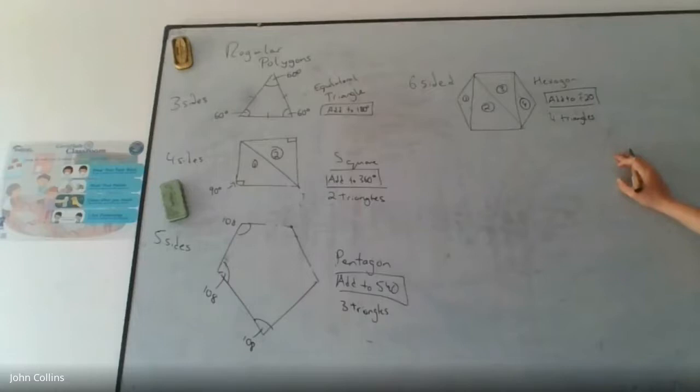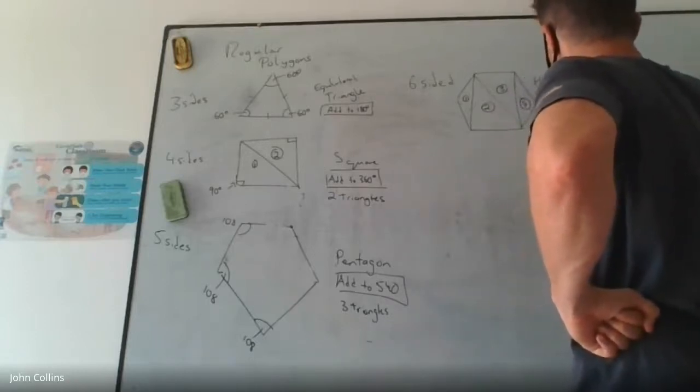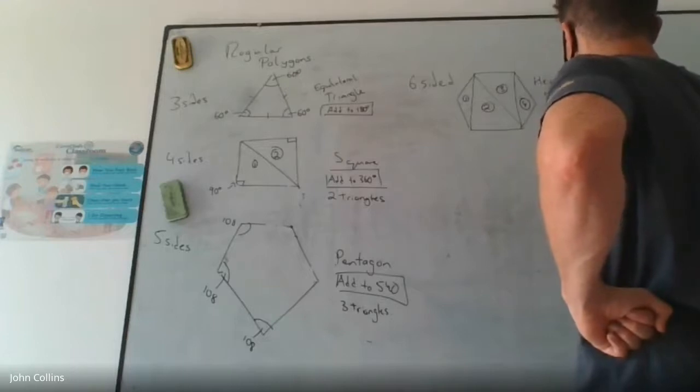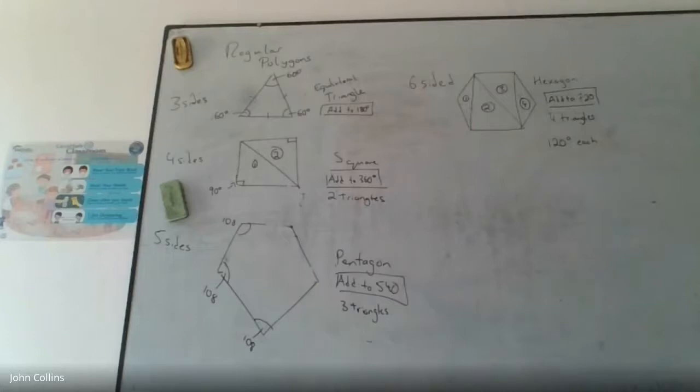Divided by 6 angles. 120? Sounds good. So 108, then 120. What's the next one going to be?